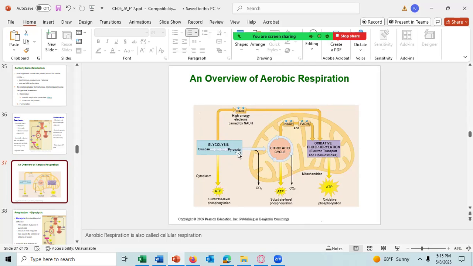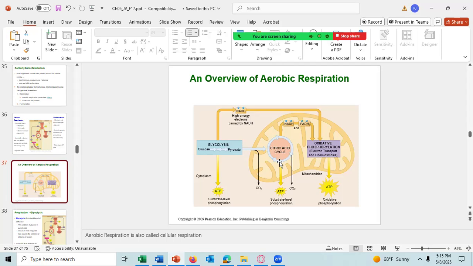And then the pyruvate moves inside the mitochondria, inside the inner membrane of the mitochondria. The pyruvate is converted and then joins the Krebs cycle. How that happens is the preparatory step. We'll talk about that in a little bit.